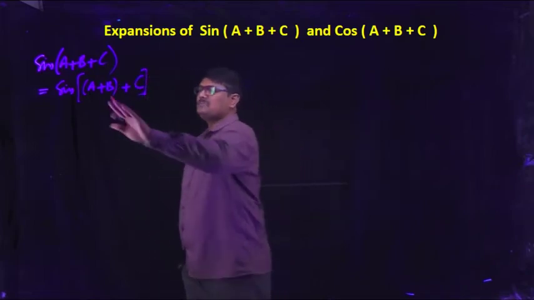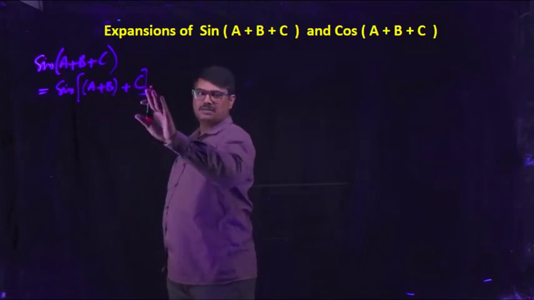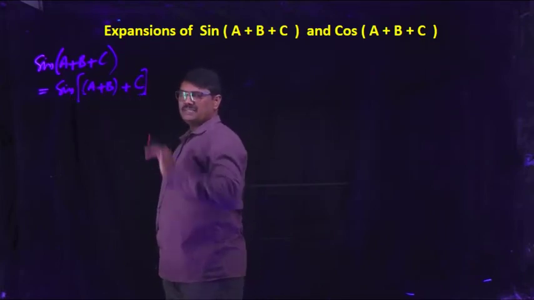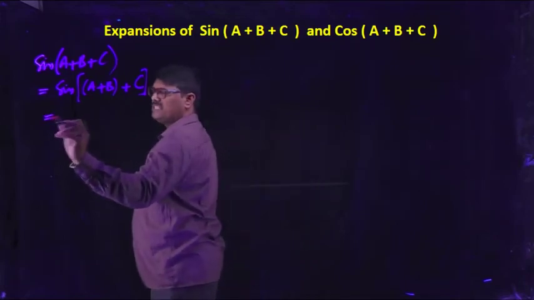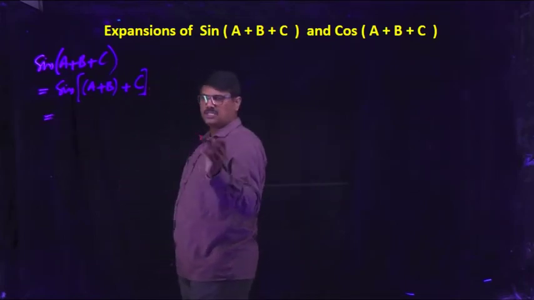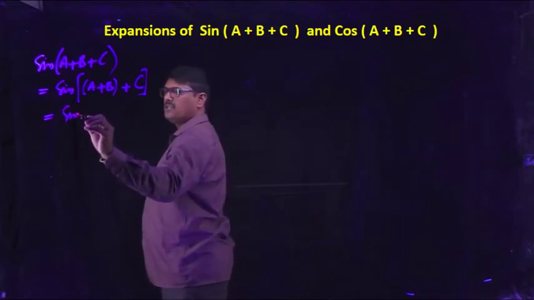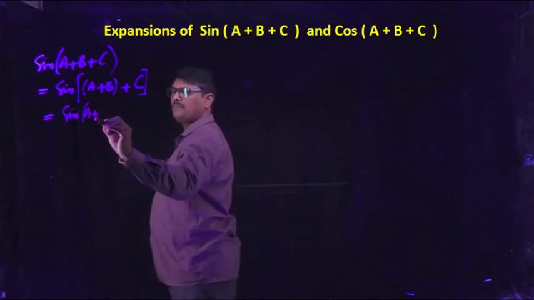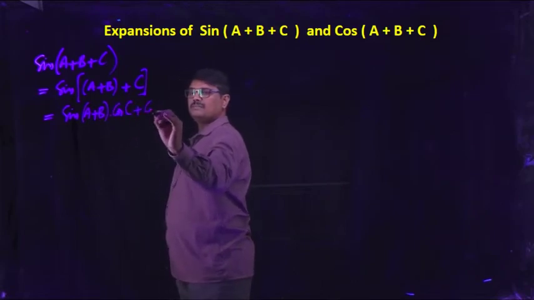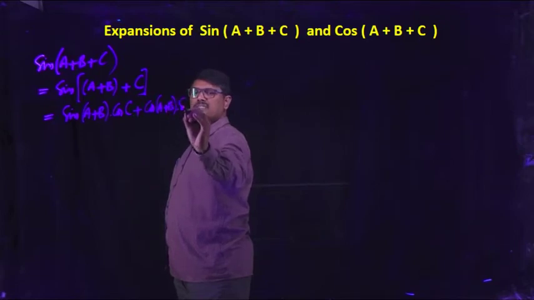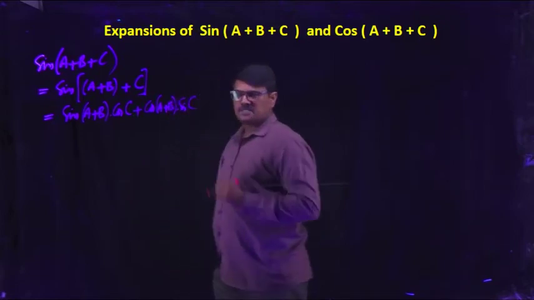Now read this as sin of alpha plus beta. We have to use the formula sin alpha cos beta plus cos alpha sin beta. So by that you will get sin of A plus B into cos C plus cos of A plus B into sin C, using the sin of A plus B formula.